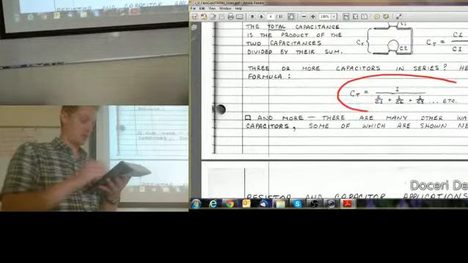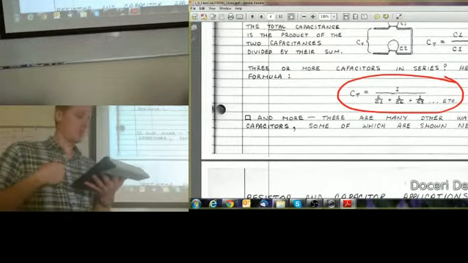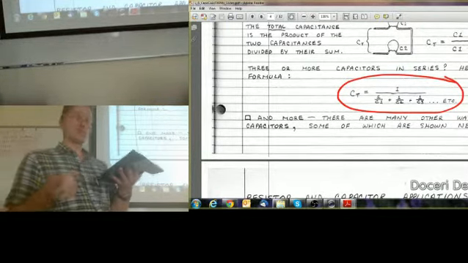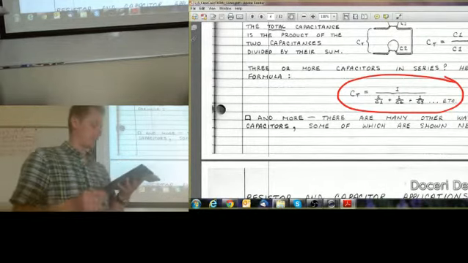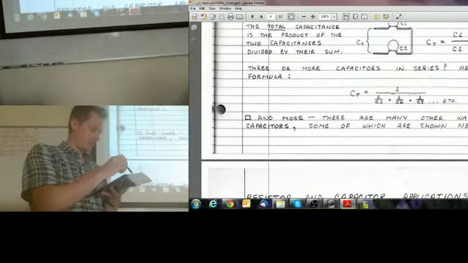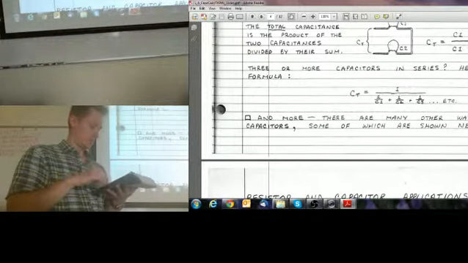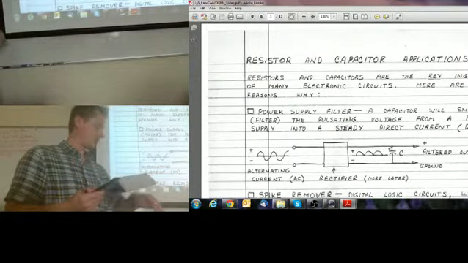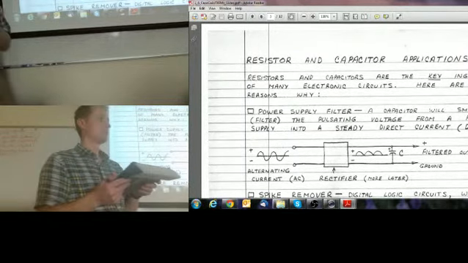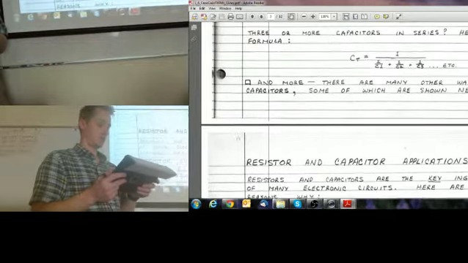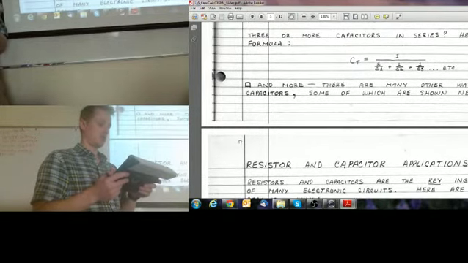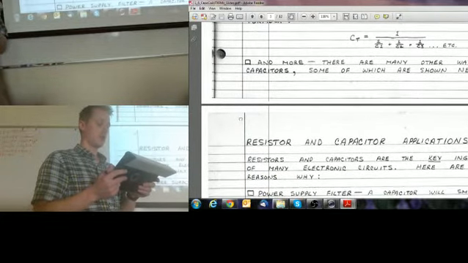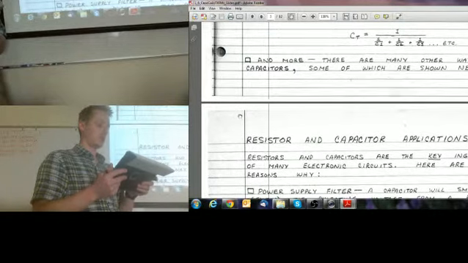This equation here is that if you have more than two, then it's going to be the sum of the reciprocals and then take the reciprocal of that. It's just 1 over, 1 over C1 plus 1 over C2, plus 1 over C3. And I will put these on Moodle.